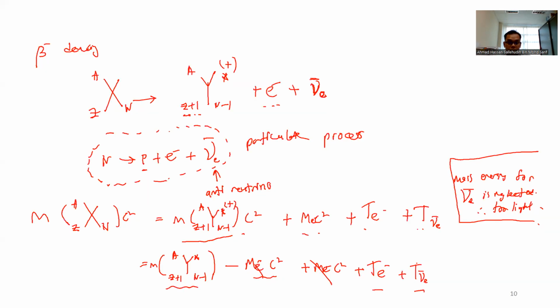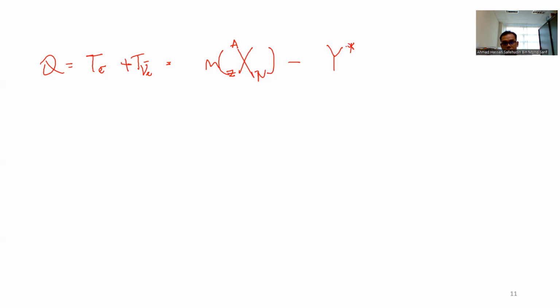So rearrange this. Similarly, the Q is the kinetic energy of the negative electron plus the kinetic energy of the antineutrino, equal to the mass energy of the parent minus daughter.